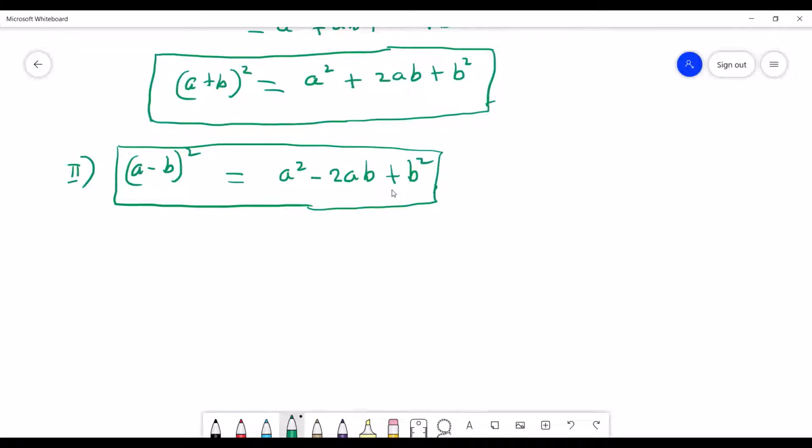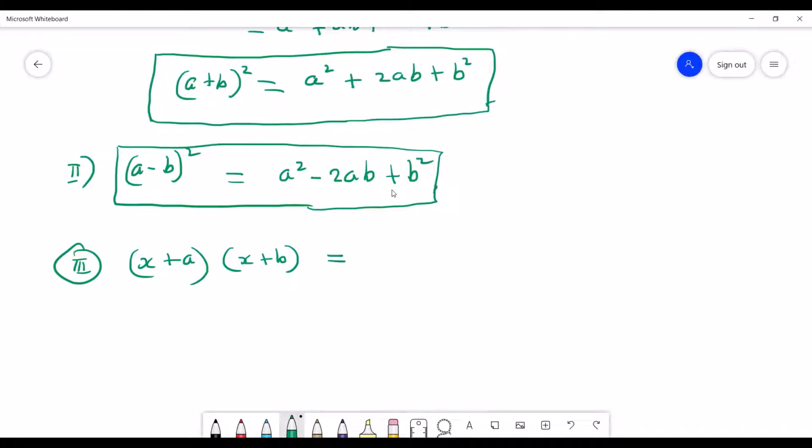Now, let us see one more algebraic identity. Whenever situations come, you can adopt this algebraic identity and place it there.